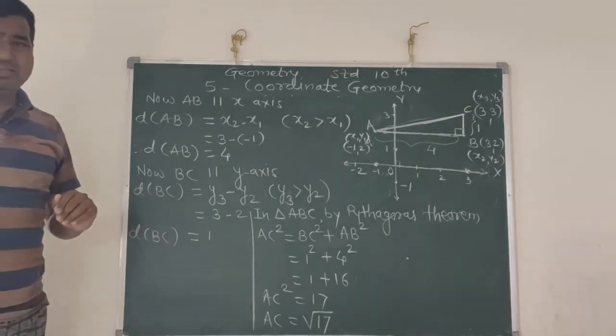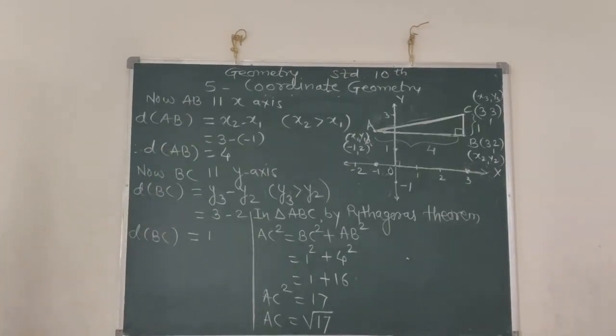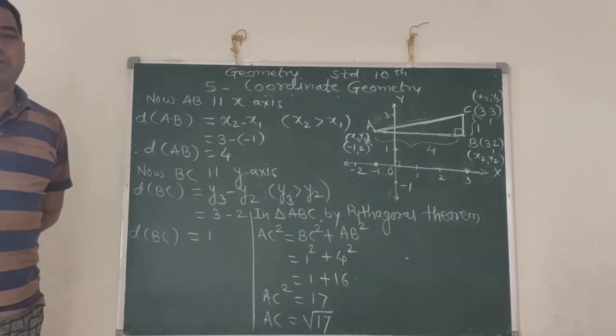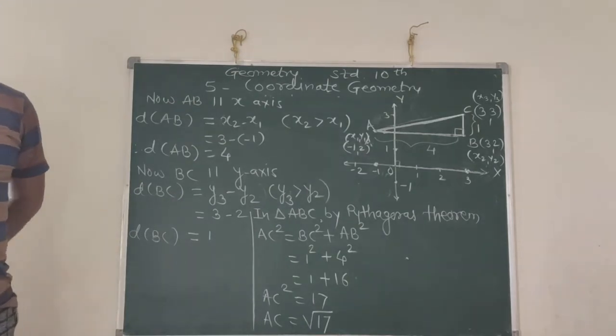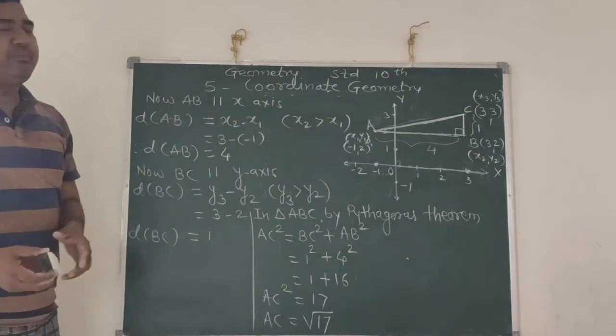But as it is quite difficult to find the distance between any two points when the points lie anywhere on the Cartesian graph system, every time we cannot use the Pythagoras theorem to find the distance between these points.